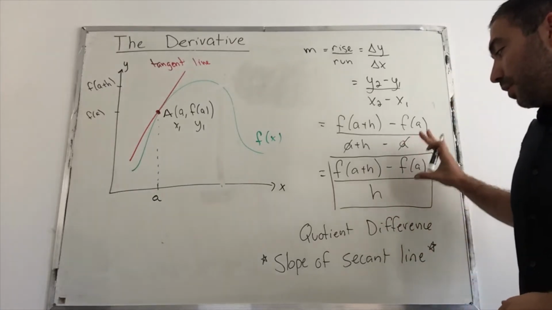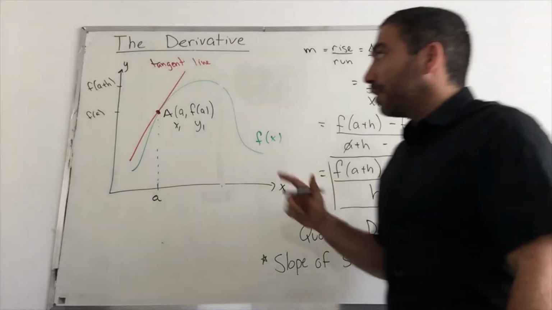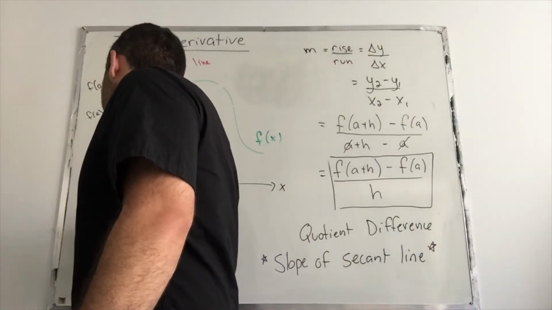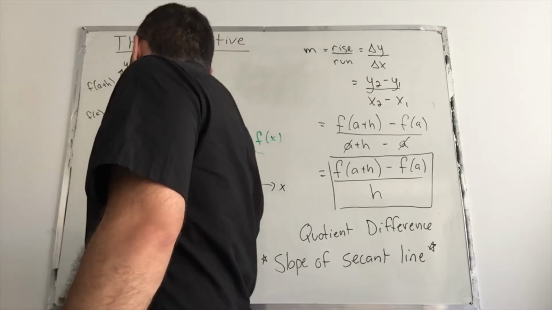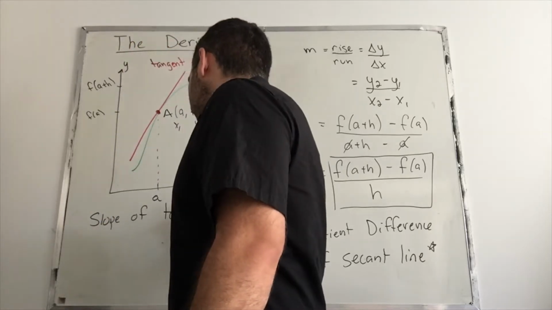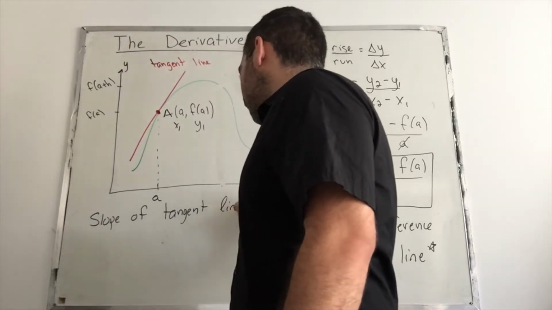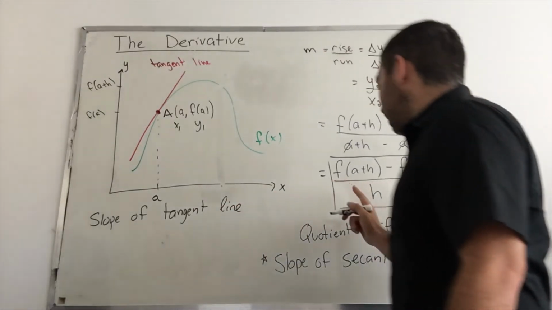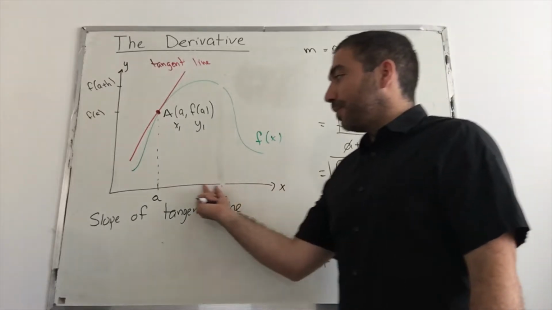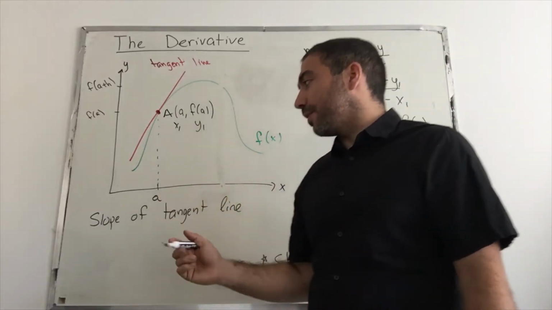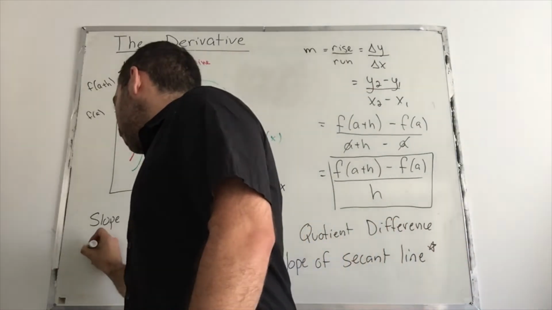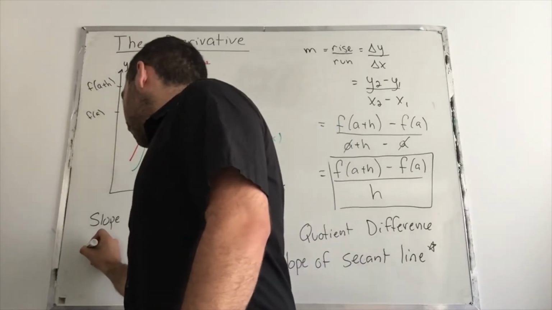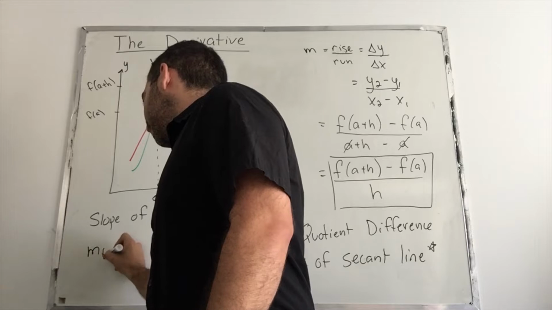So this is the slope of the secant line, not the equation, sorry, the slope of the tangent line is essentially the exact same formula here, but taking the limit as h gets extremely small and close to a. So we'll call this slope of tangent line m tangent.